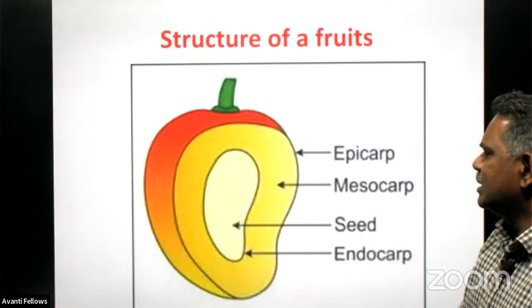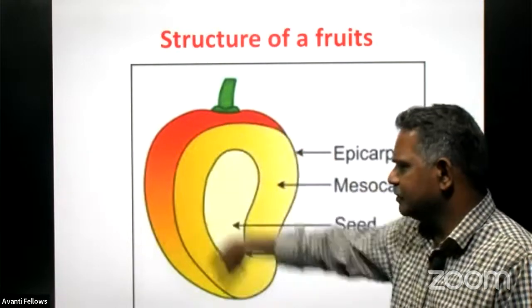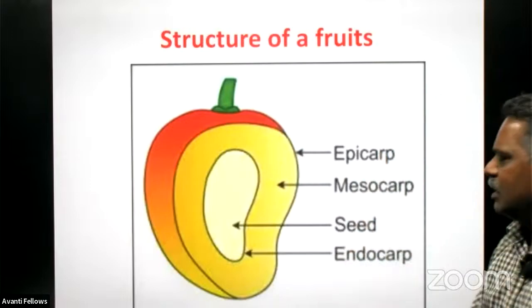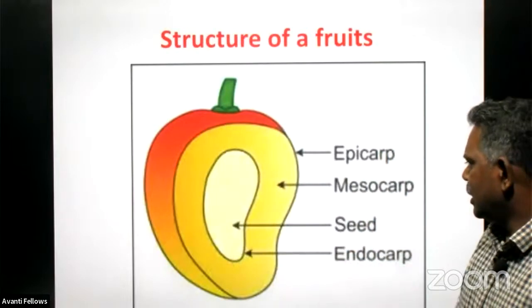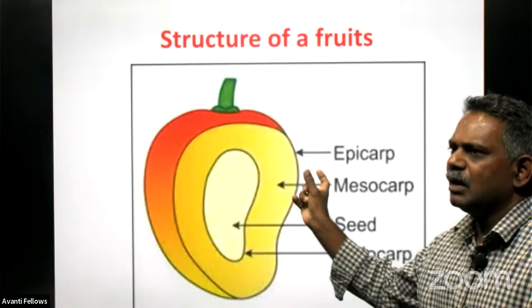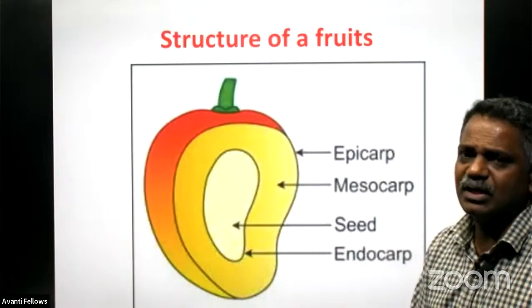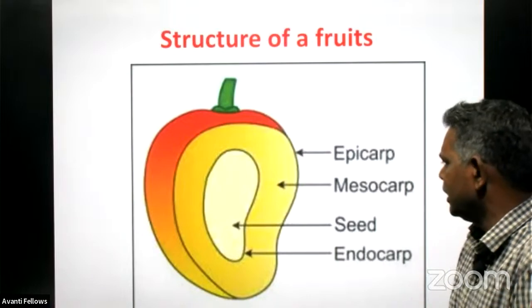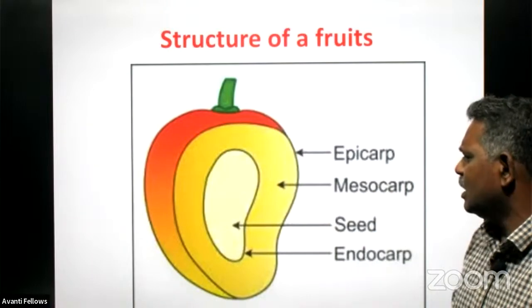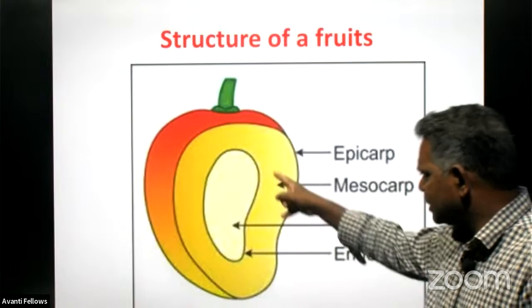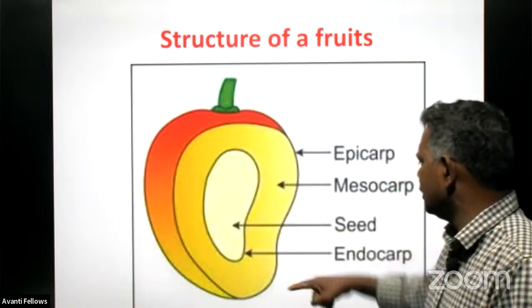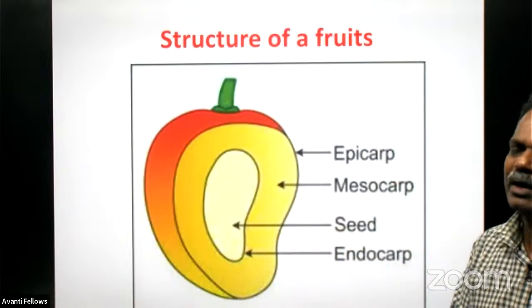A fruit has a tough covering that is called the epicarp. And there is a thick region, very fleshy and sometimes very sweet in the case of mango, and it is called the mesocarp. There is a tough layer inside the mesocarp that is called the endocarp.